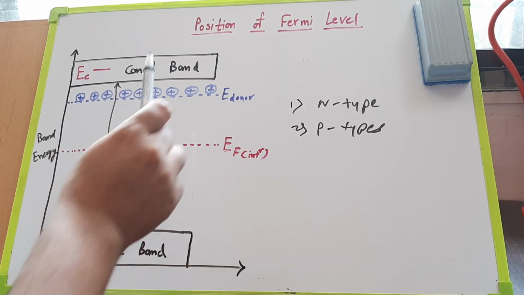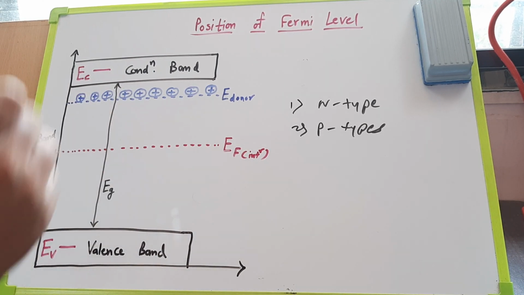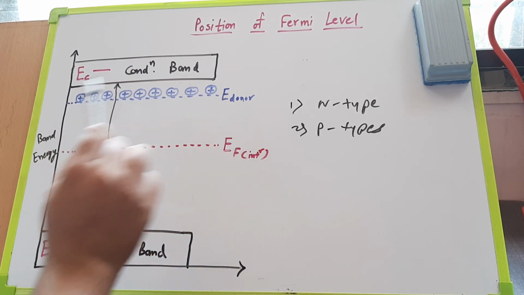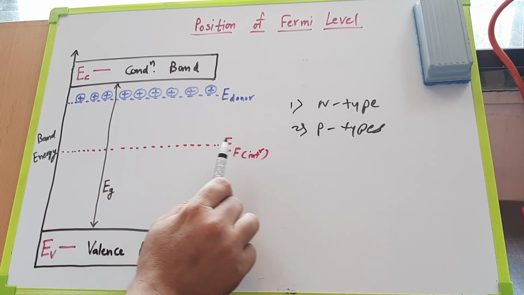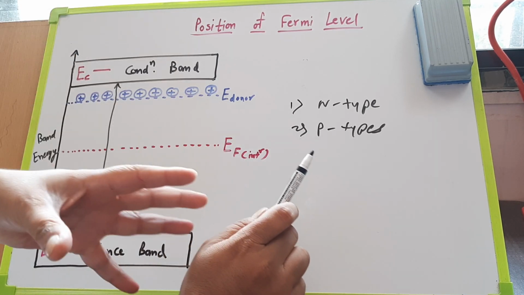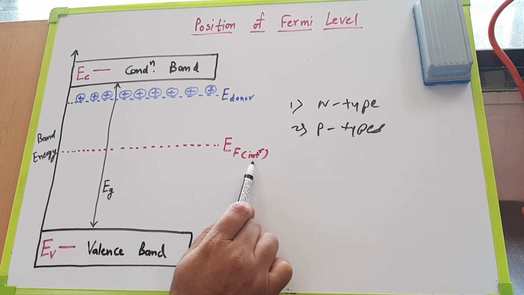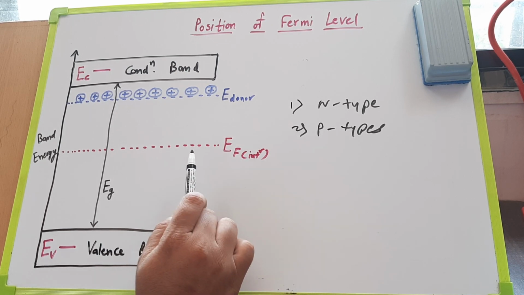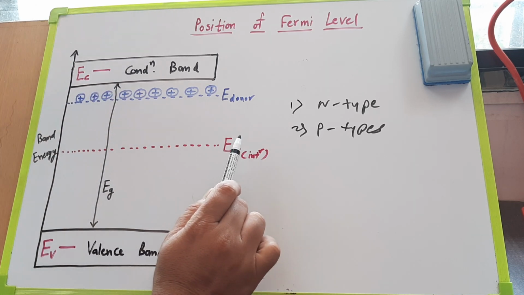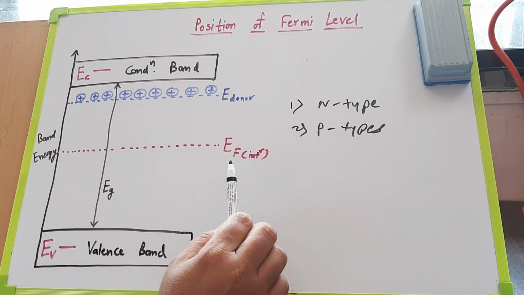This is the intrinsic semiconductor energy, and this is the donor energy level. Because of these impurities added to the pure intrinsic semiconductor, the Fermi energy shifts upward. This is an important point.